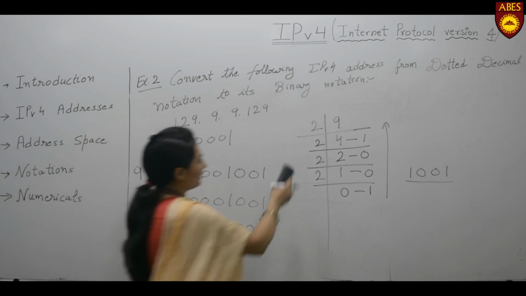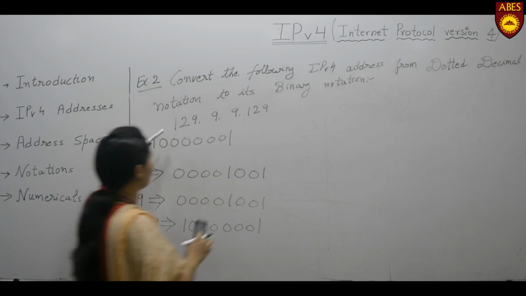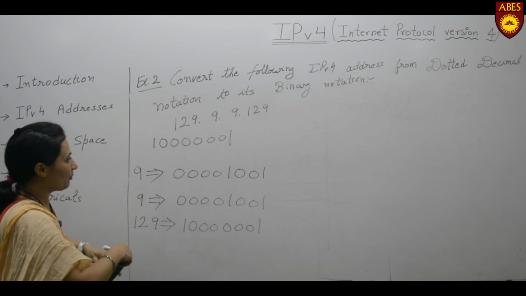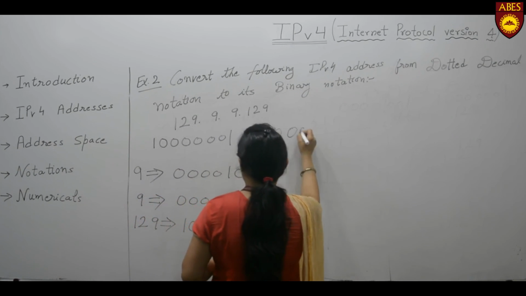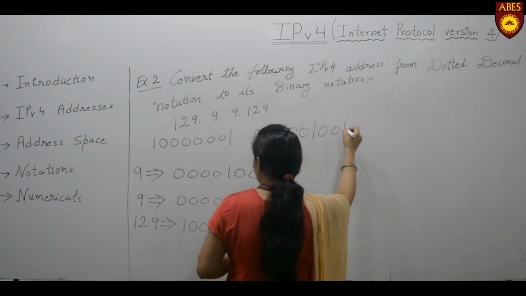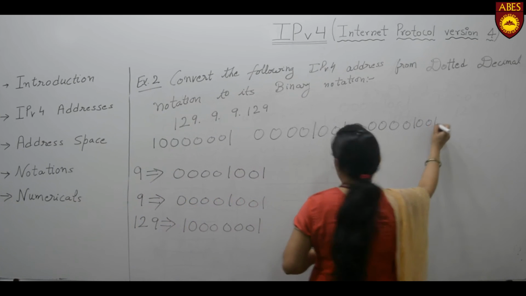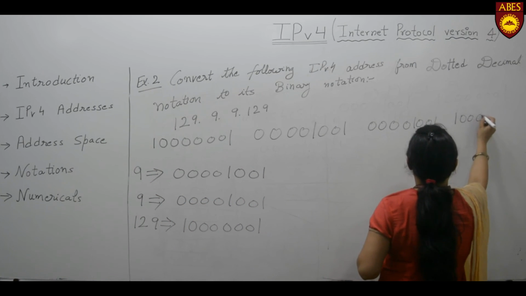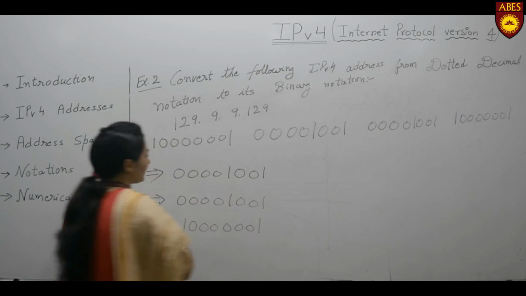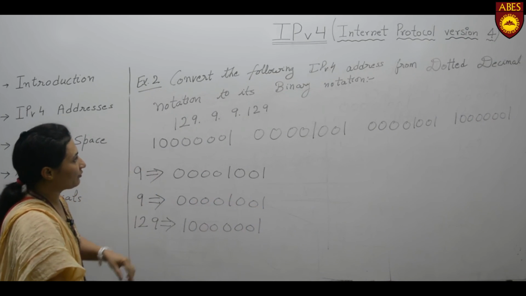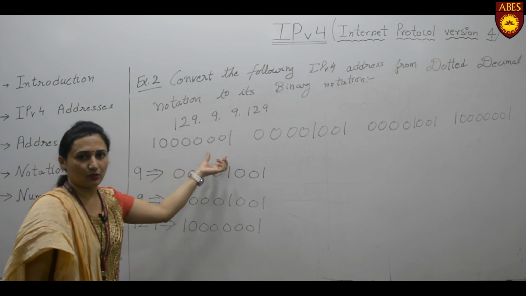So we can say that this dotted decimal number is converted into the binary number of this value which we have done. So this is the conversion of the given dotted decimal IP address into the binary notation.